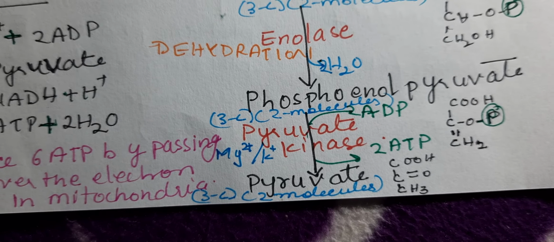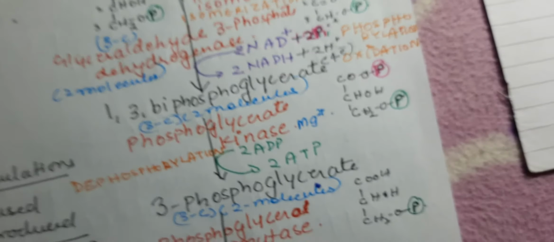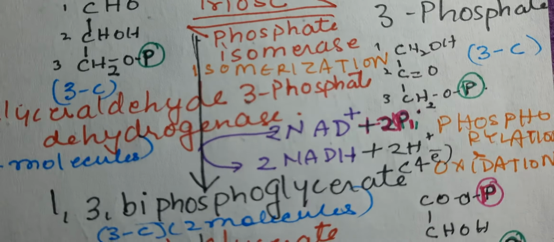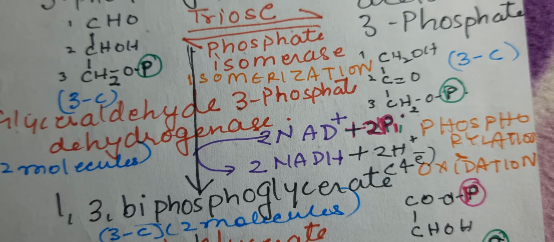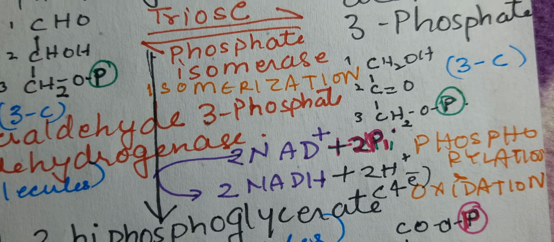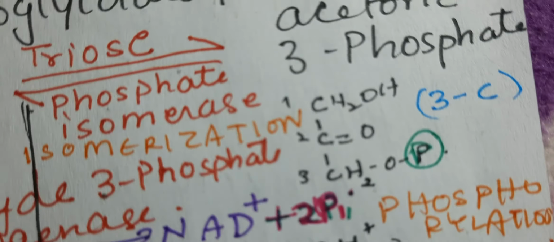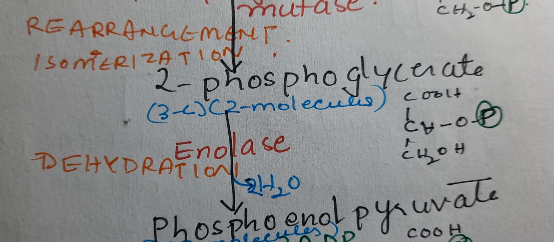So 2 molecules of pyruvate are there, 1 molecule of glucose was there. 2 NAD are used up during the reaction, whereas they are converted into 2 NADH plus 2 H plus. Okay, and then 1 inorganic phosphate is used up here, so we'll write it as phosphoric acid, and then 2 H2O are produced by the enolase.